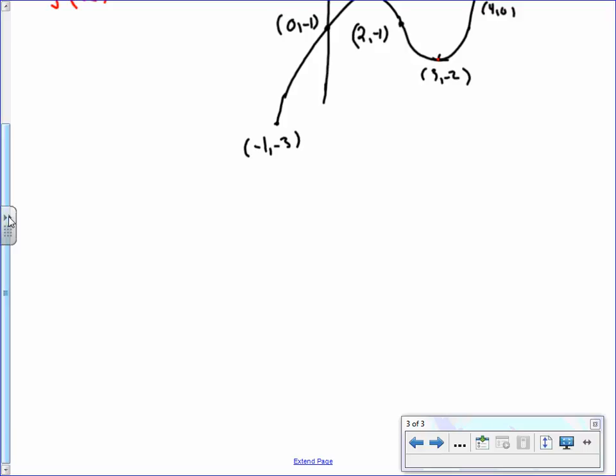X coordinates of the points of inflection. Give a reason for your answer. Also known as justify. Okay, give a reason for your answer. And Ms. Farmer says you give the reason first, and then you answer the question. So, point of inflection. It's F double prime changes sign.